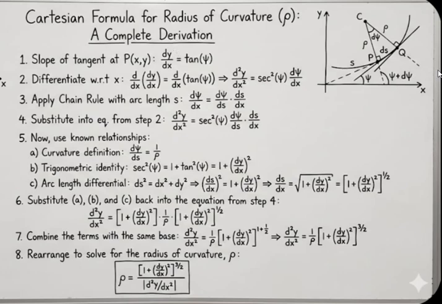Whenever the problem gives the equation of the curve at any point on it, we can easily find dy by dx at that particular point. That is equal to the slope of the tangent at that point, that is tan phi.